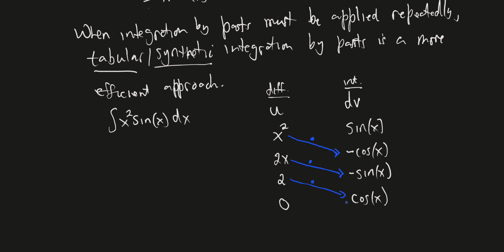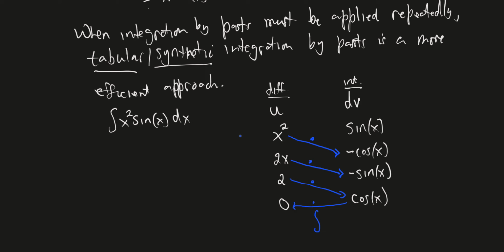So technically, we're supposed to multiply across here and then integrate that last product, right? So the ones before don't get integrated because those are the u times v. The last product going straight across at the bottom of the table, we multiply these two terms and integrate the result, right? That's the integral of v du.